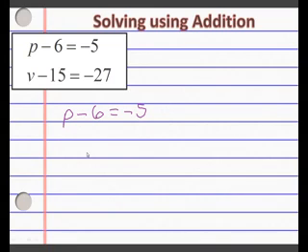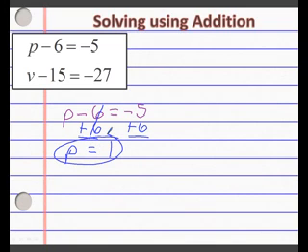The opposite of minus 6 is plus 6. And I have to do that to both sides of my equation. So p minus 6 plus 6 is 0, so that's gone, equals, and then negative 5 plus 6 is 1. So that's my solution.